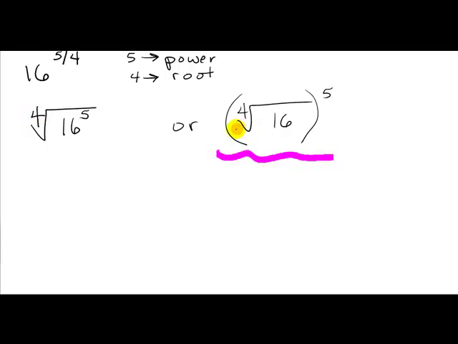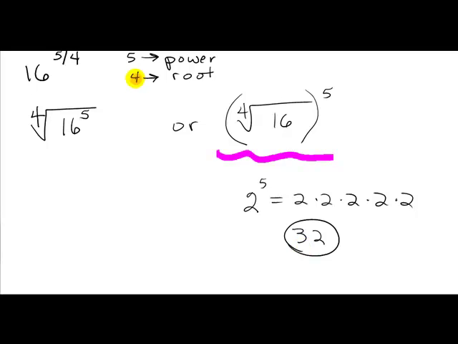So here we have, the 4th root of 16 would be 2, and then to the 5th power, remember we're doing this 5 times, and so my answer here would be 32.